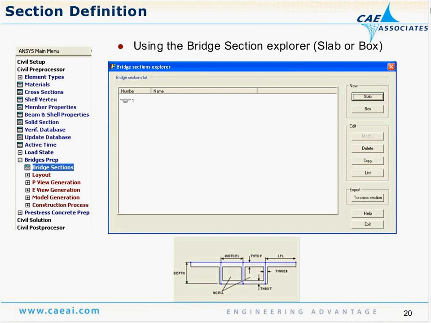The Bridge Explorer just makes it a little faster and automated to make a series of sections where they have been reduced down to a small number of parameters to define to generate those sections. You can run these interactively, or you can run these in a command level. So if you have a whole series of them, and you're just changing one number, you create an input script that runs through and automatically constructs your bridge based on the whole series of cross-sectional entities.